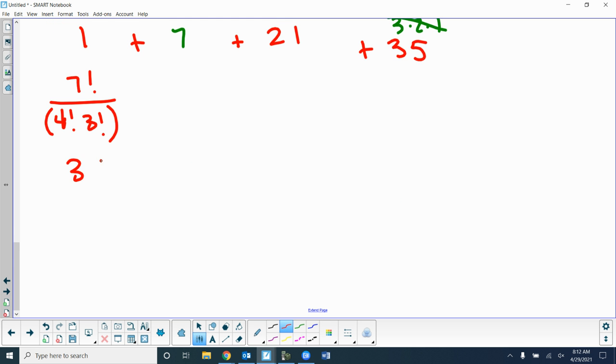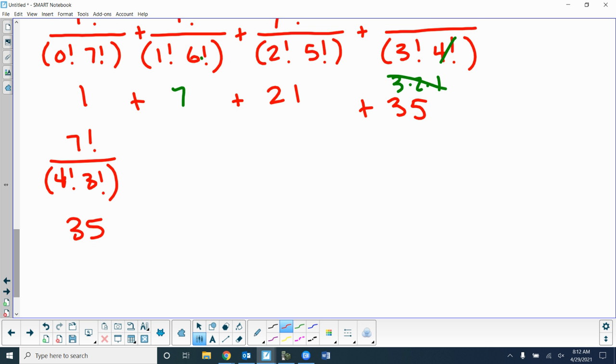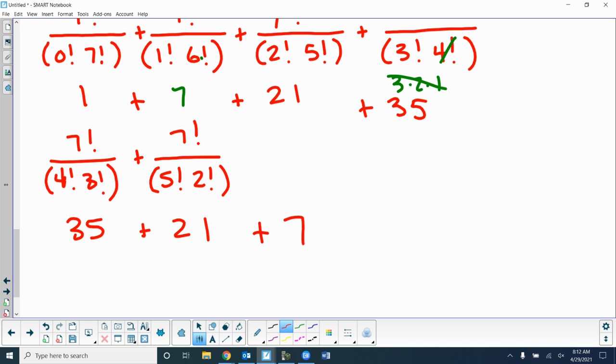That's a 35, right? Now I put 5 in for x. What's 7 minus 5? What do you see there and here? Same problem. So what's the next answer going to be? 7. What's the last one going to be? Don't forget that last one.